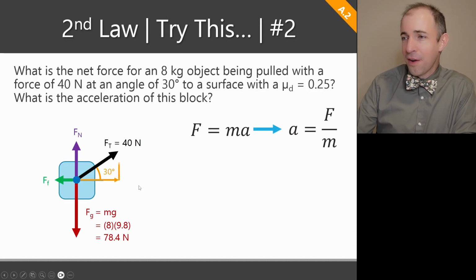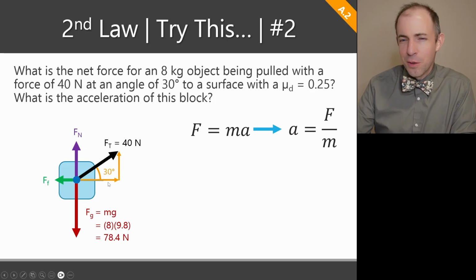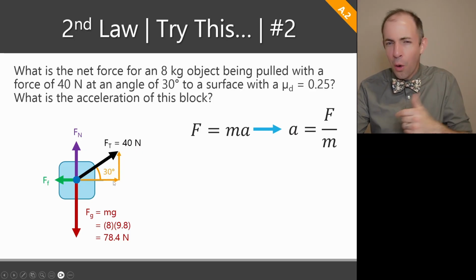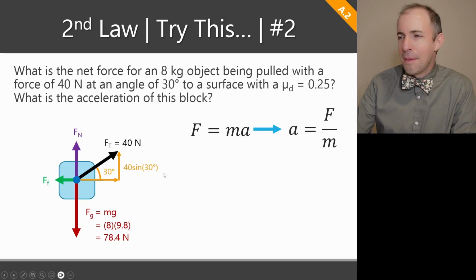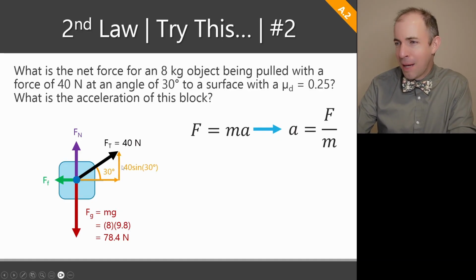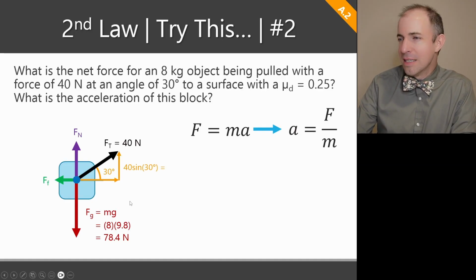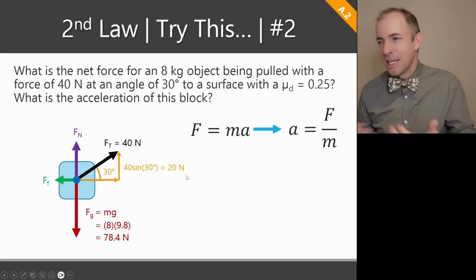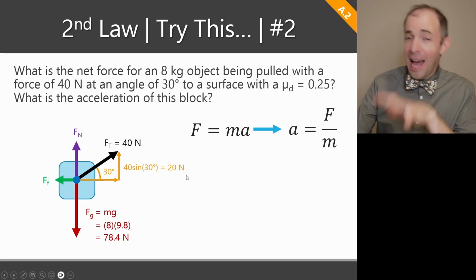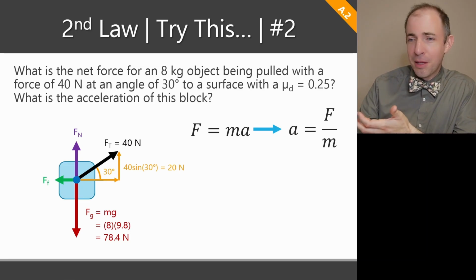So let's first make this Ft into a triangle and figure out how much up and how much over we are actually talking. The how much up question, this is my opposite side, so it's 40, Ft, times the sine of 30 degrees. I can calculate that. That ends up being 20 newtons. So now I know a little more about the verticals.